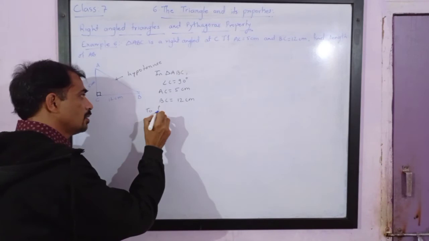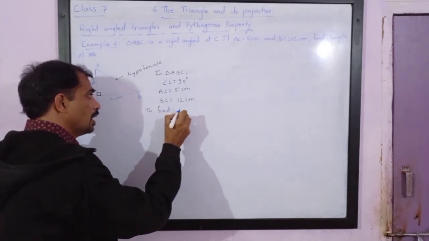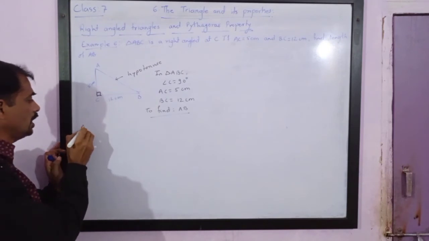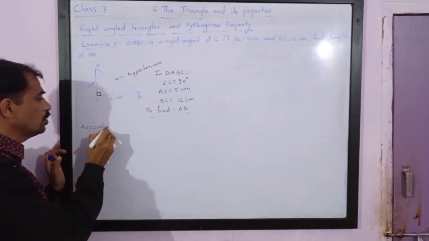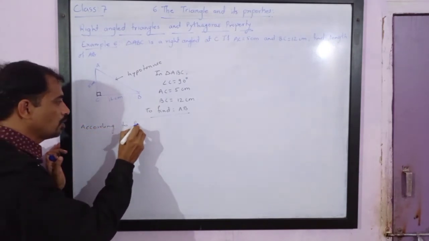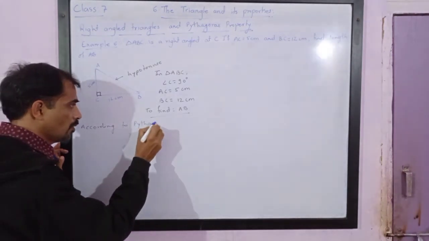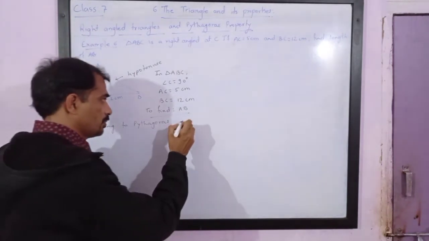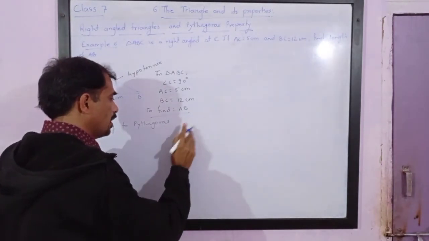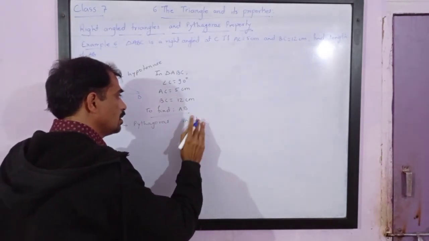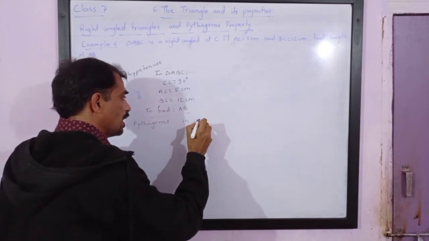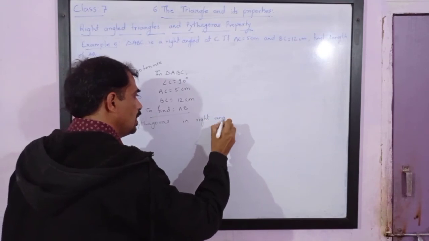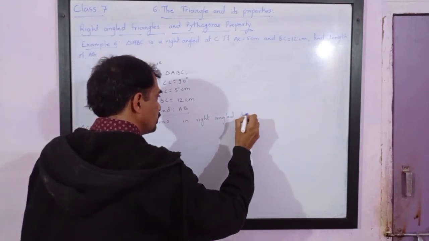Now, according to Pythagoras theorem, what did he say? In a right angle triangle, the square of the hypotenuse is equal to the sum of the squares of the remaining sides. This is possible only in a right angle triangle.